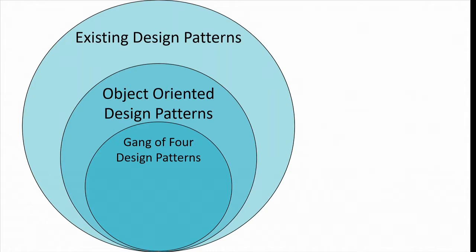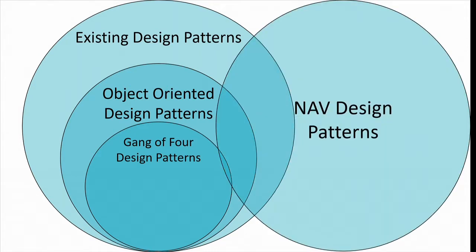Why we are here with this project is to add something that was missing, or actually it started to exist but was not named like design pattern, and those are NAV design patterns. We work with NAV, so the problems that we solve are NAV specific, so the design patterns are NAV specific. It's intentional that those areas overlap, because we do have patterns like singleton and facade that have been used in object-oriented or not object-oriented languages, but we have also our own that are really NAV.